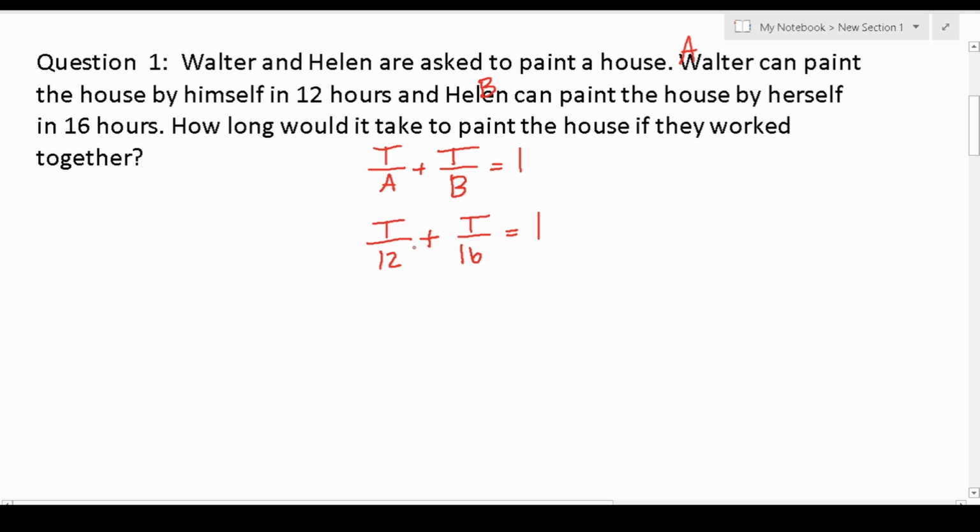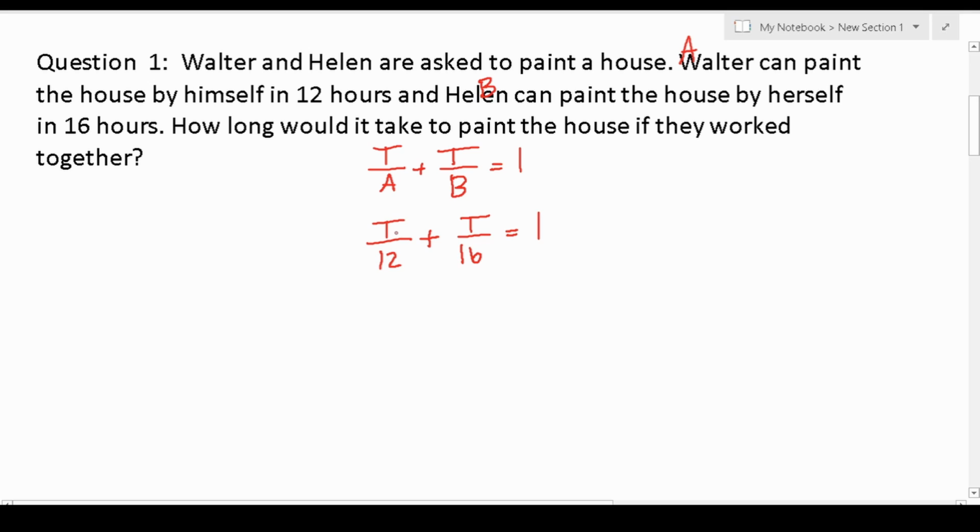And since that's what we're trying to solve for, that's going to be our unknown variable. So we're not going to make any adjustments for T. As you can see, we've adjusted this generic formula to be in accordance with what the problem's asking. And now we just have to solve the equation that we've created.